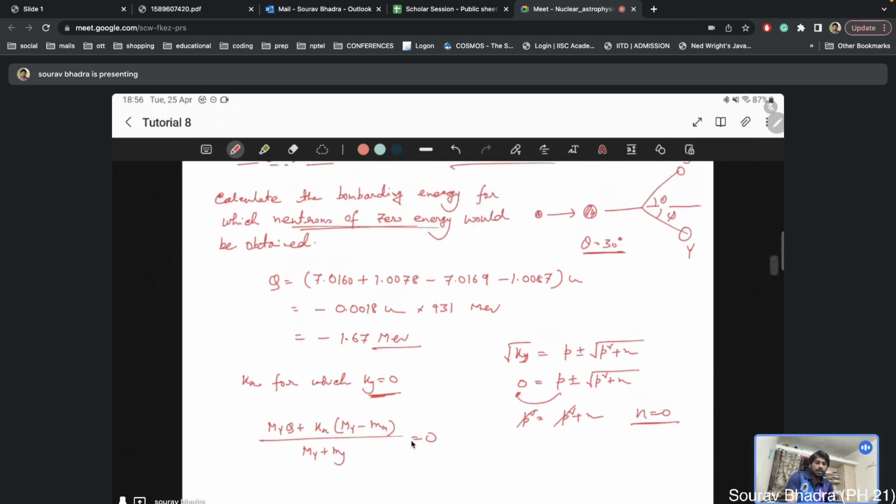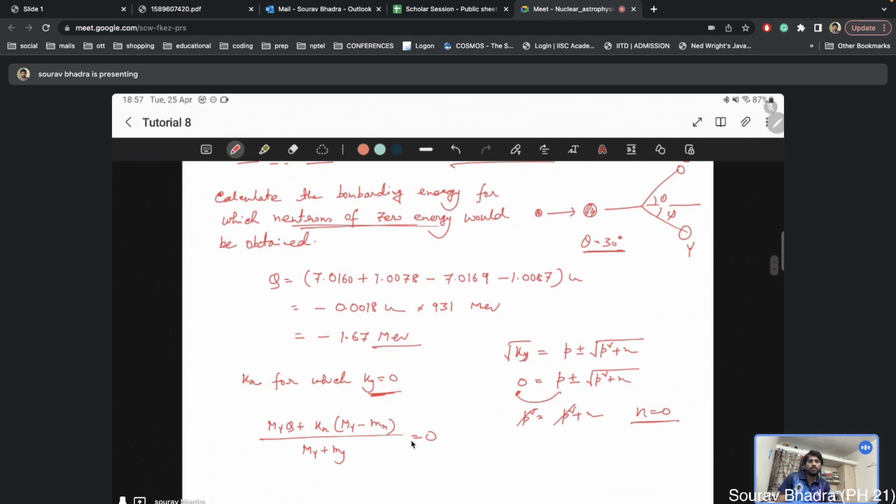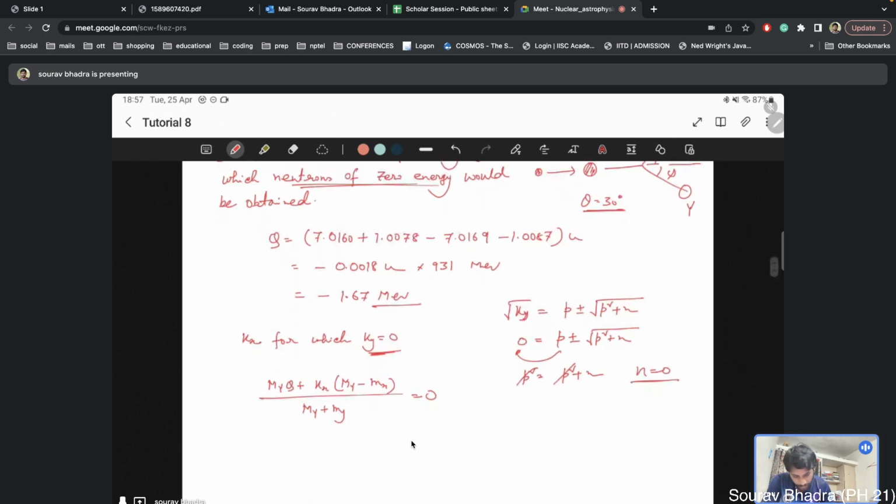This is the condition we need to solve our problem, that for which energy of projectile we get 0 kinetic energy of neutrons. If you calculate it, you will get that Kx is minus my cube by my minus mx. Just do it, one or two lines will be there.